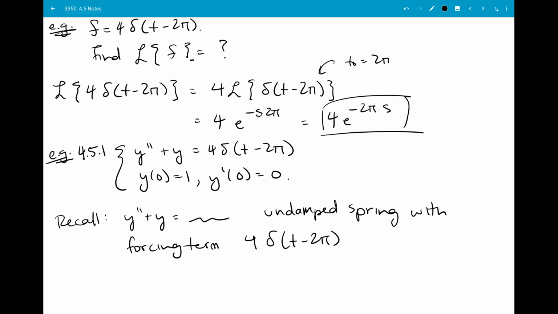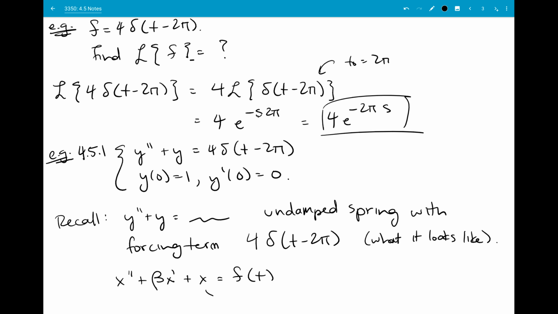When I say it's an undamped spring with forcing term 4 delta of t minus 2 pi, it's not like we've been told that for this problem, but that's what it looks like. Remember, your spring equations were like x double prime plus beta x prime plus x equal to f of t.